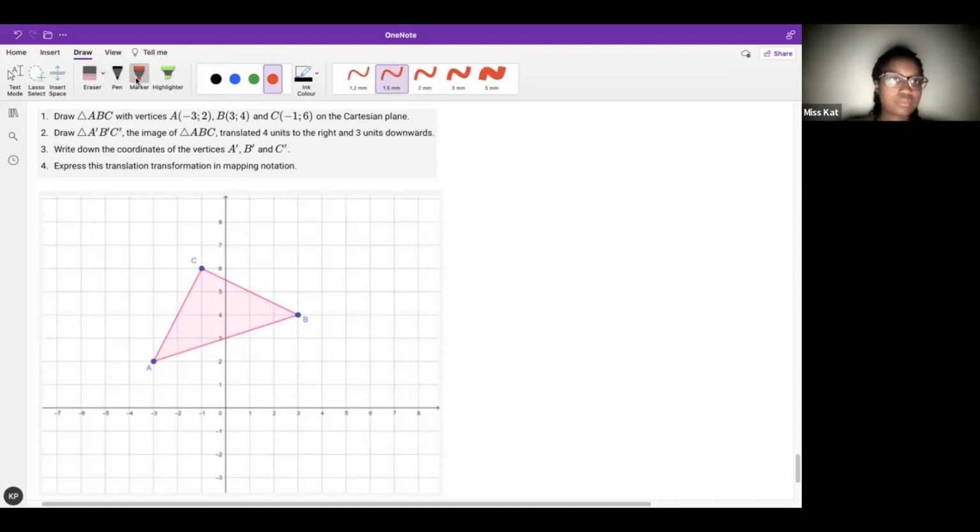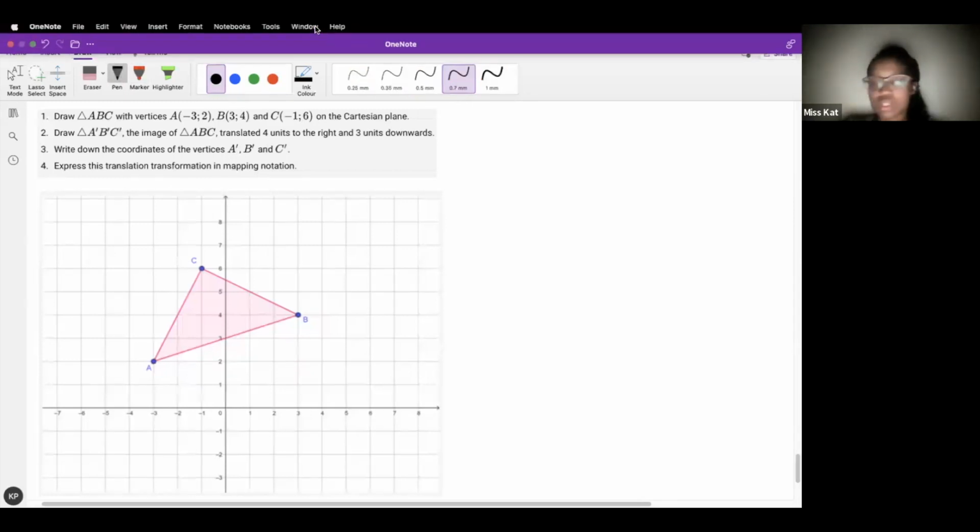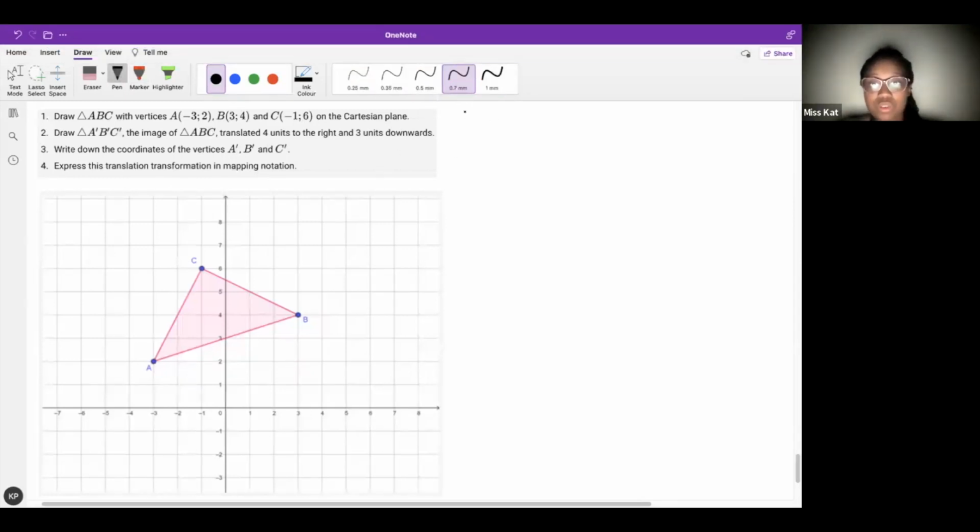So let us move this shape. Thank you, Abu. Abu has already started the ball for us. So for A, we're starting at -3, 2, and we want to go to A prime. I'm actually going to start with the last question, writing the mapping notation.